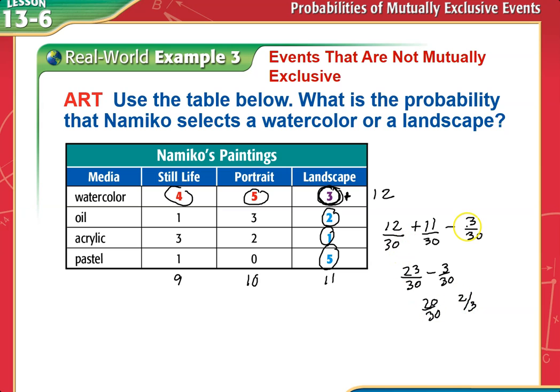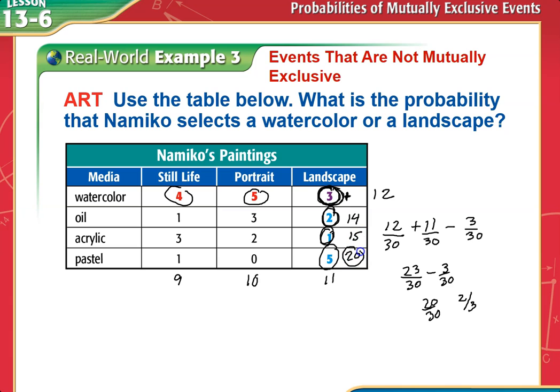Now, instead of subtracting out, what we could have done is not add it in twice in the first place. So we could just circle the numbers that we wanted, right? We want the 4, 5, and the 3, and then we want the additional 2, 1, and 5. And if you add those all up, we get 12 across, and then 14, then we get 15, and then finally 20.